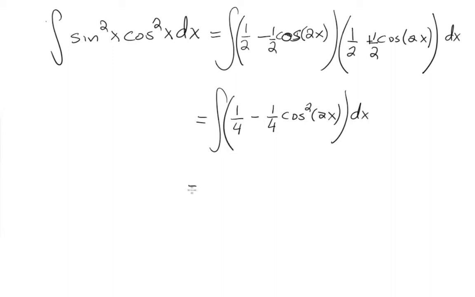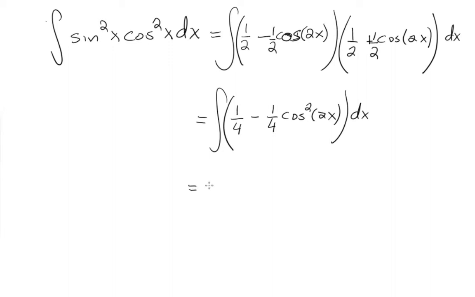And then what can we do with the cosine squared of 2x? Without doing the reduction formula, you can do it again, right? The same exact identity that we just used to go from cosine squared to 1/2 plus 1/2 cosine of 2x, you can use it again.